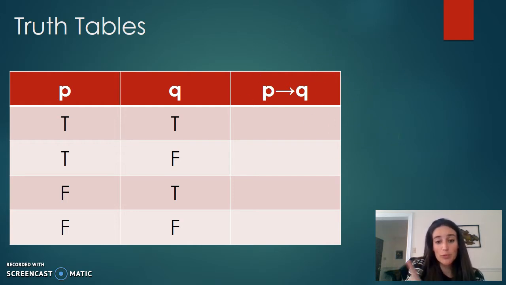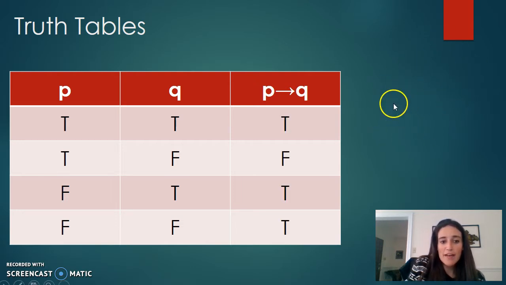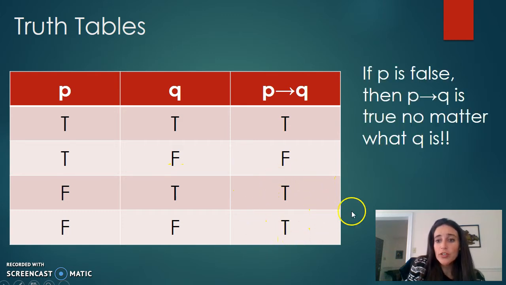We'll talk about it more when we're together in class, but just know that whenever the if part of an implication is false, the P implies Q is always true, no matter what Q is. It doesn't matter whether Q is true or false. These are vacuously true when P is false. And if P is true and Q is true, the implication would be true. And if P is true and the then part Q is false, then the implication is false.